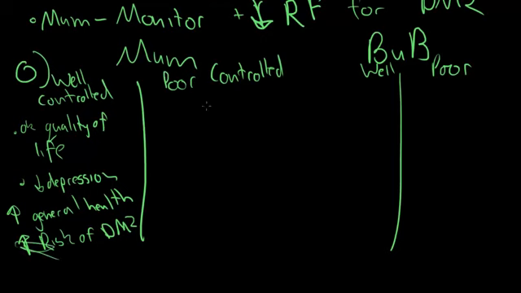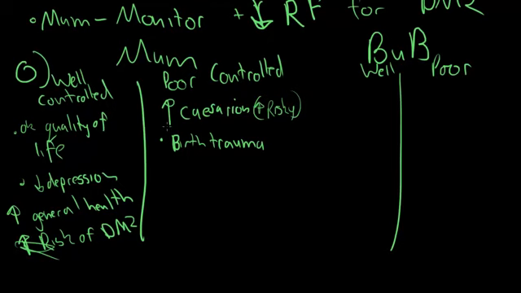Poorly controlled, you have an increased chance of cesarean, which has its own risks. It's risky. I think it's probably a bit controversial. You also have a greater risk of birth trauma. I think that's the right term.